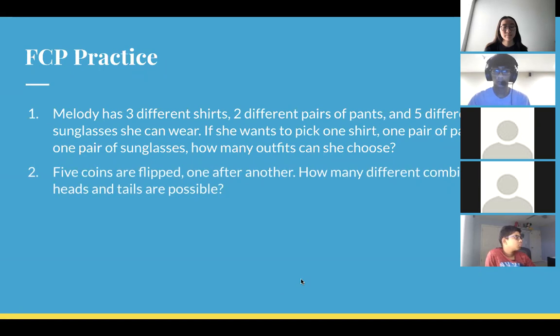5 coins are flipped, one after another. How many different combinations of heads and tails are possible? Oh, think about it.